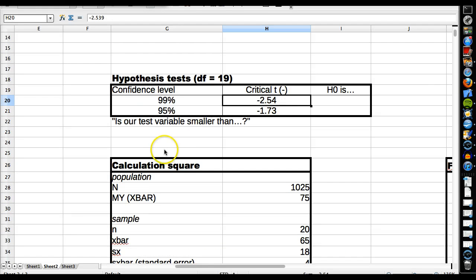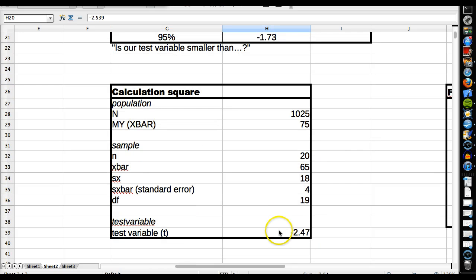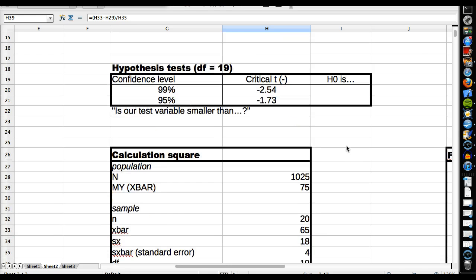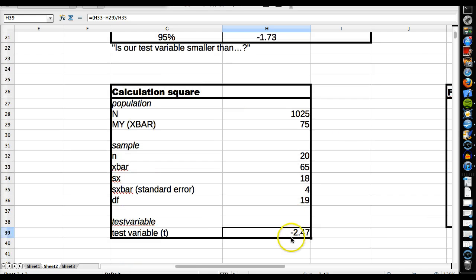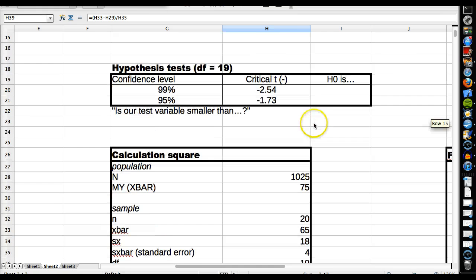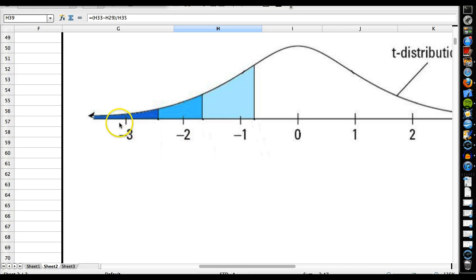So the question we ask ourselves is, is our test variable smaller than this critical value? Well, let's look. Minus 2.47 is not below minus 2.54, because it's negative, we're moving towards the negative. So in that case, we're actually not out in the tail.